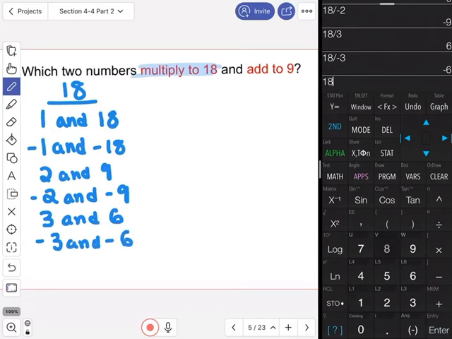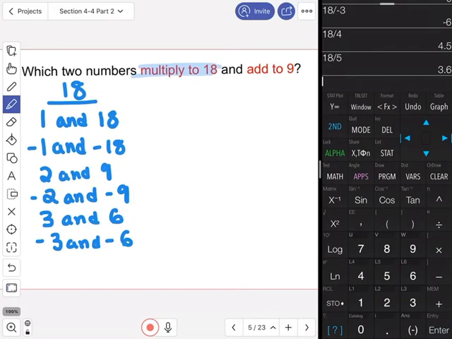And I have 18 divided by 4, which gives me a decimal. And since positive 4 is a decimal, negative 4 would be a decimal as well. Then I can move to 18 divided by 5, which gives me a decimal, so it doesn't work. And also the negative version of 5 also would not work. And then I'm at 6, which I've already done. So I've listed all my possible factors.